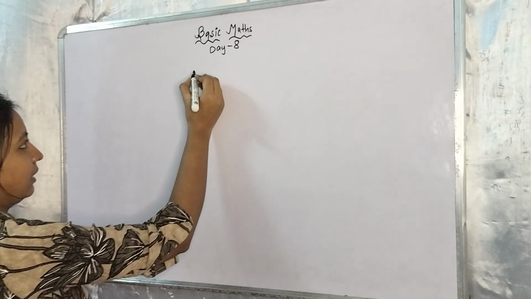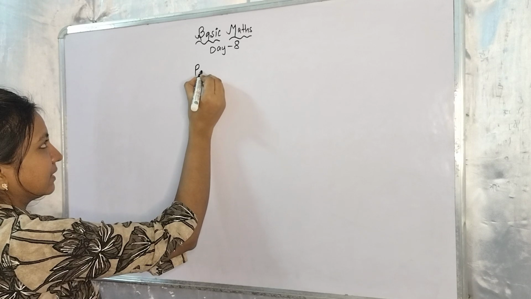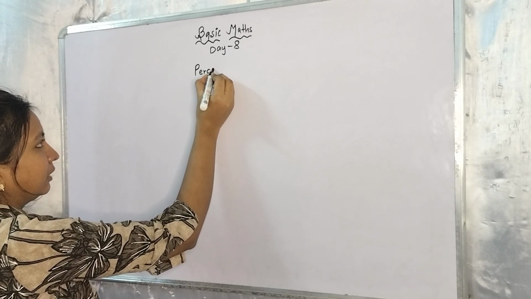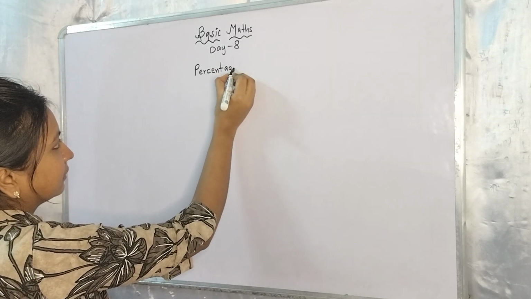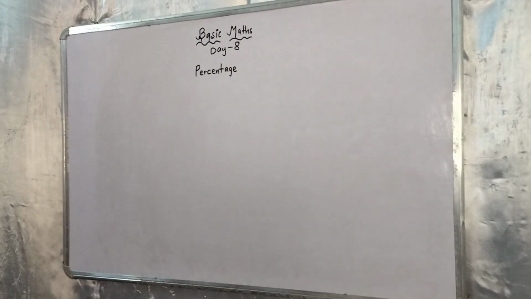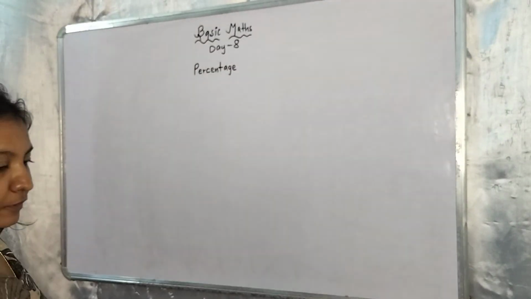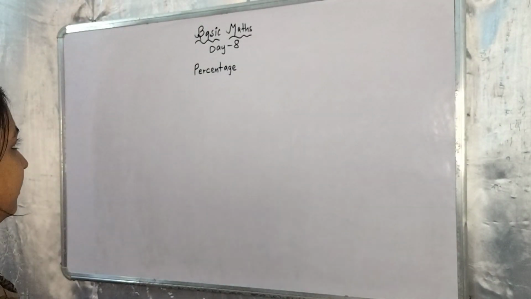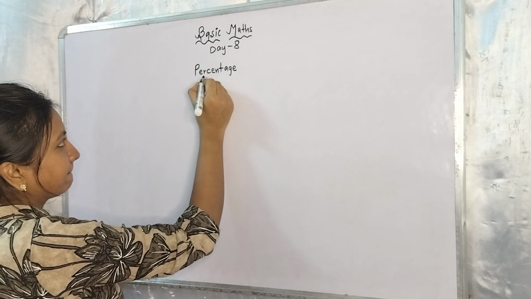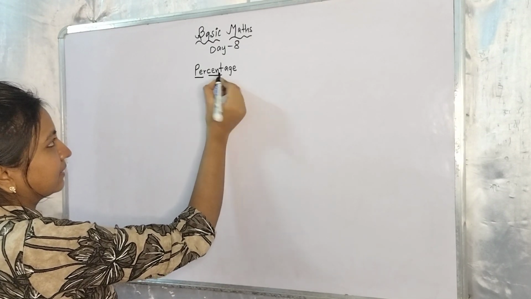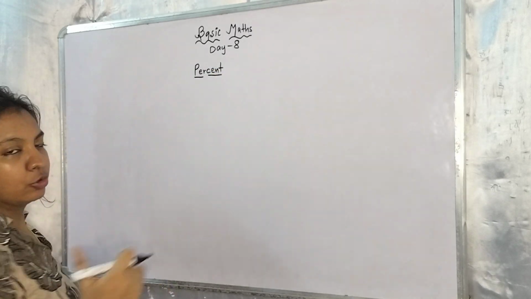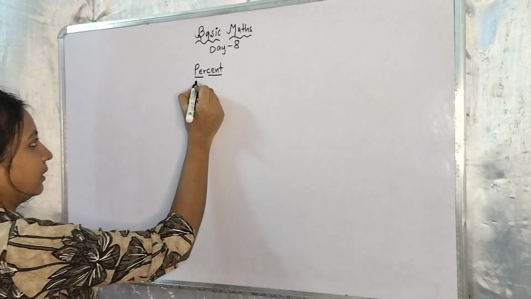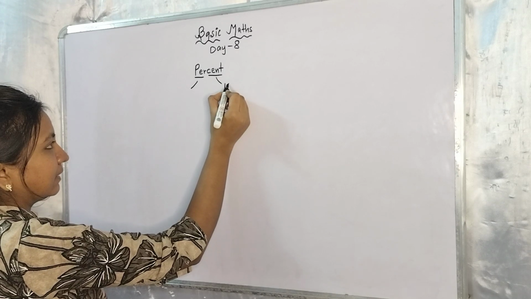So for today we will study percentage, one of the important topics and very useful in our day-to-day life. Percentage, or percent, is divided into two parts: per and cent, which is 100.